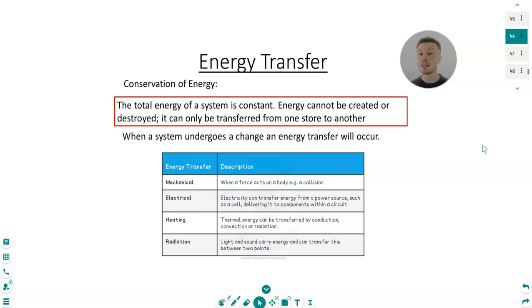We then have heating, and this is a thermal energy transfer. So this can be done by conduction, convection, or radiation. So if you're sitting near a radiator, for example, this is a heating transfer as it heats the room up. We then have radiation, and this is an energy transfer through light or sound.